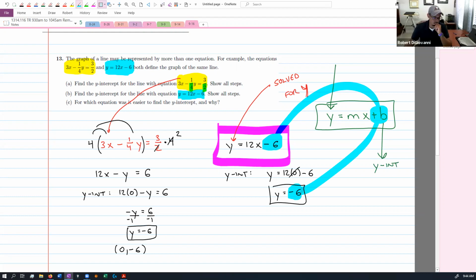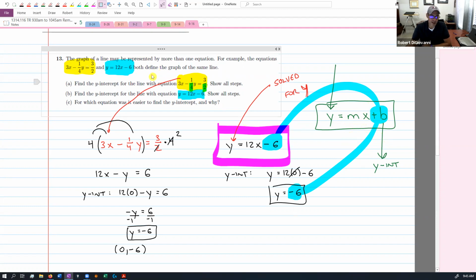So on your exam, I will ask you to graph lines. And when I ask you to graph them, I'm not going to tell you which method to use. It's completely up to you. You can use the intercept method or you can use the slope-intercept method. We have 2 different ways of doing it. I don't care what you use, but sometimes one method is a little easier than the other. If it's easy to solve for y, then just solve for y and graph it using this.